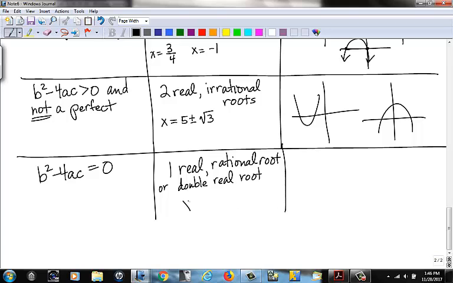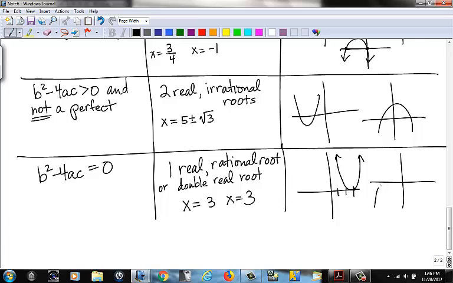An example might be if I said x equals 3 and x equals 3. That means the graph's just going to touch the x-axis in one point. It's not going to cross, it's going to touch. And I could have a negative number, like negative 3, but the roots are the same number.